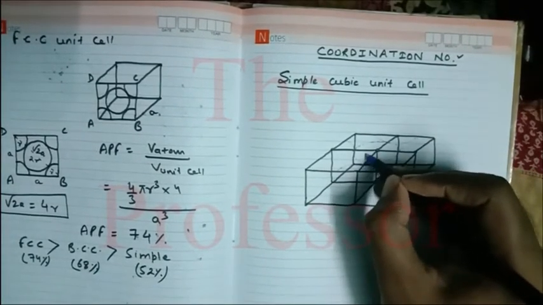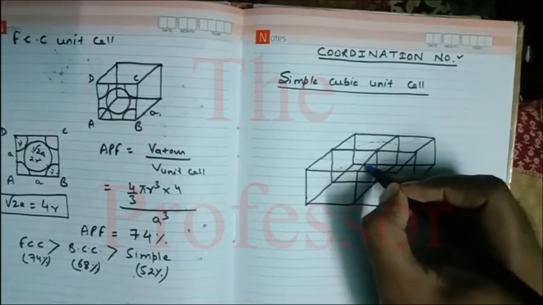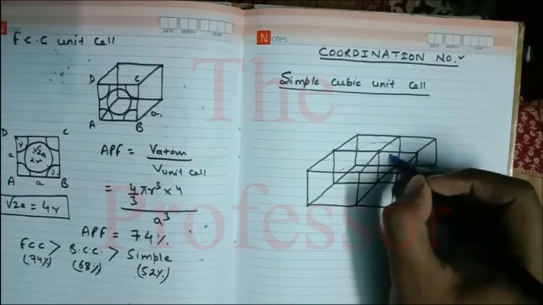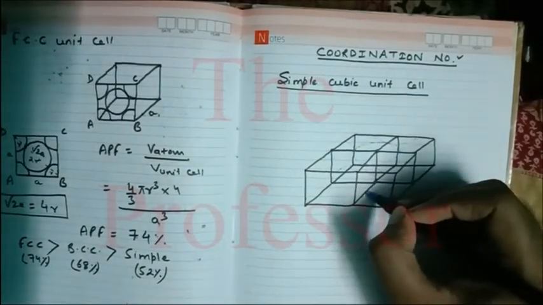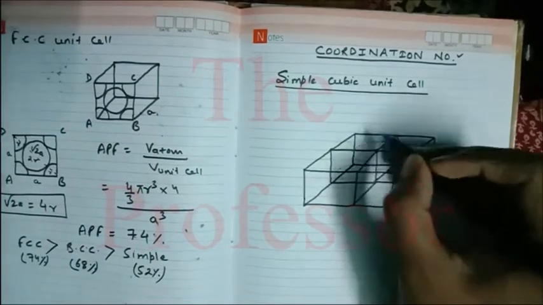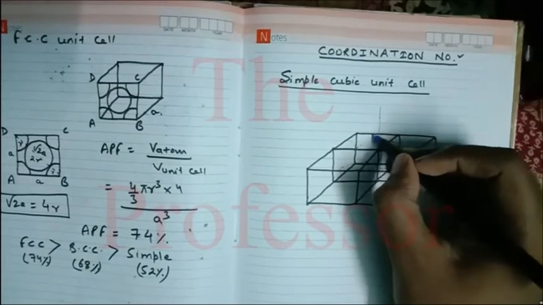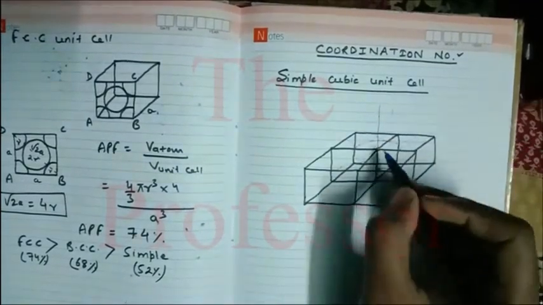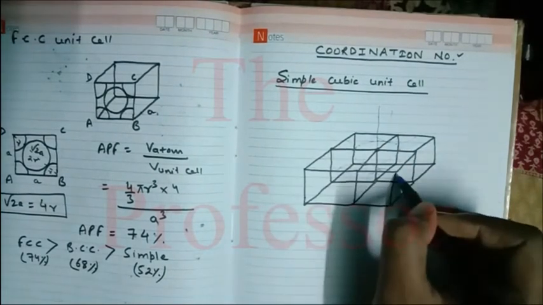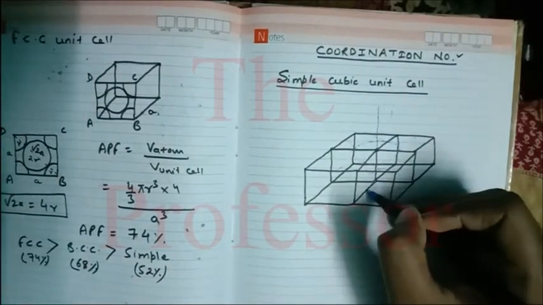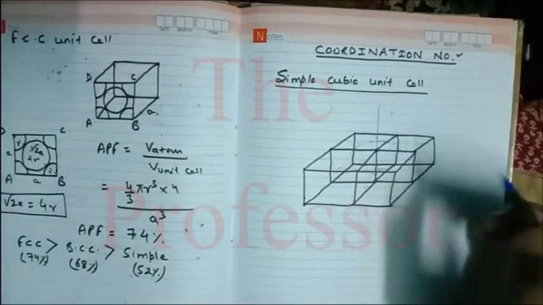It is having its part here in top as well as in bottom, right? So it is also having contact with the atom which is present just below it, and it is also having contact with the atom which is present just above it. So apart from the 4 atoms which are in contact with this atom in this particular plane, it is also making contact with two atoms which are just in top and bottom of this particular corner.